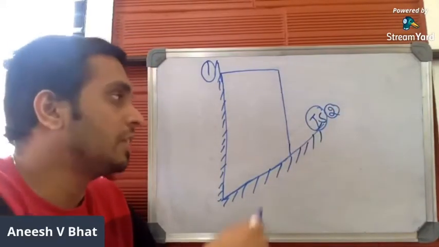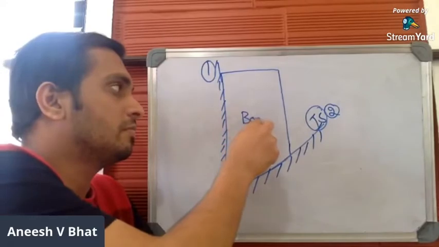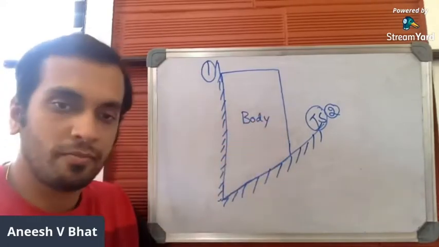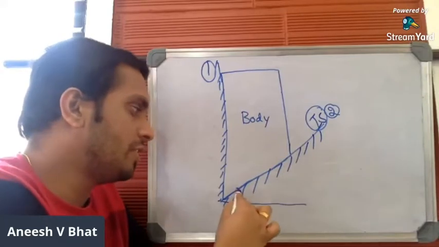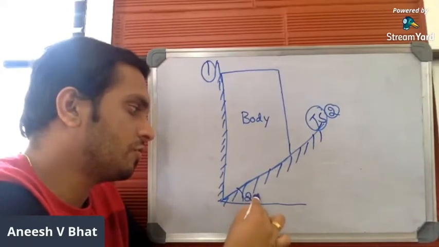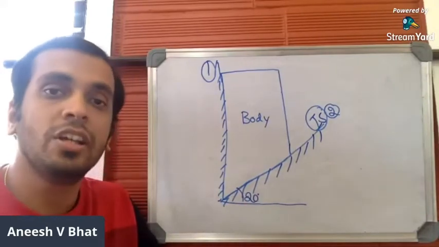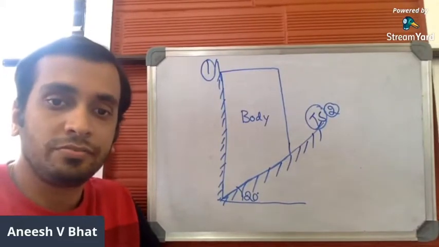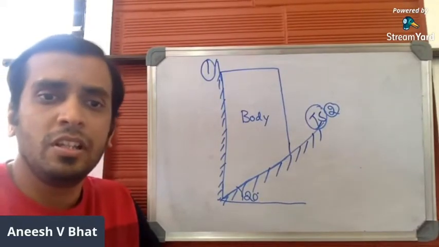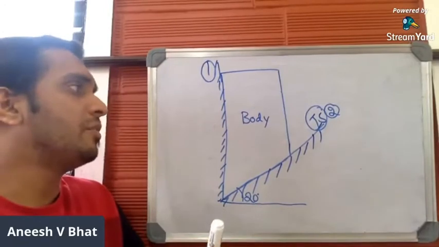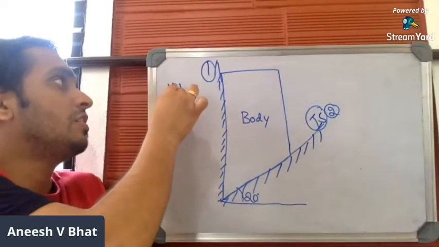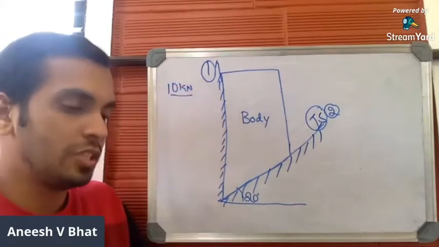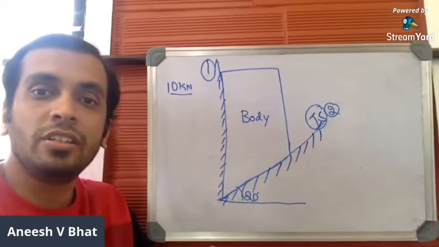This is the given body, and this inclination on the top is given as 20 degrees. The self weight of the block is given as 10 kilonewtons. So let us start solving the problem.